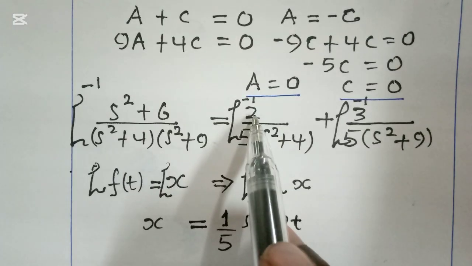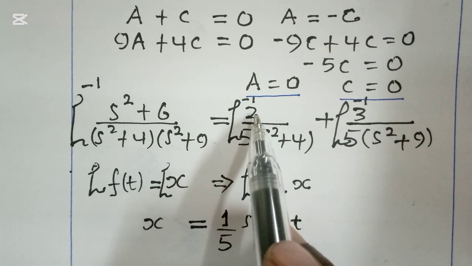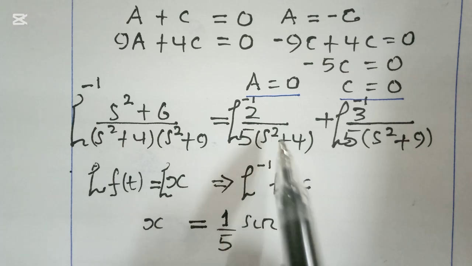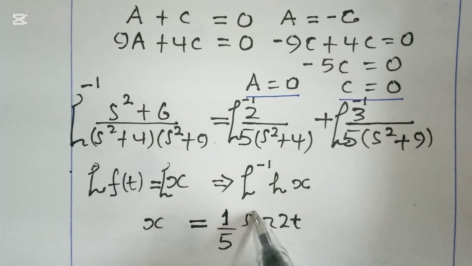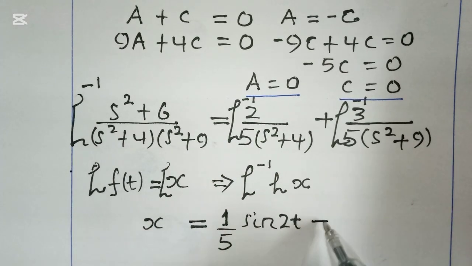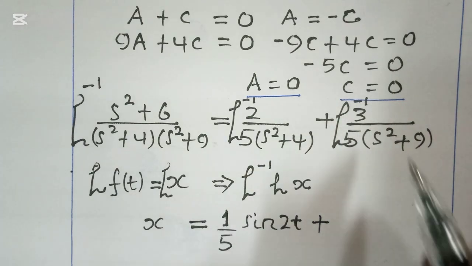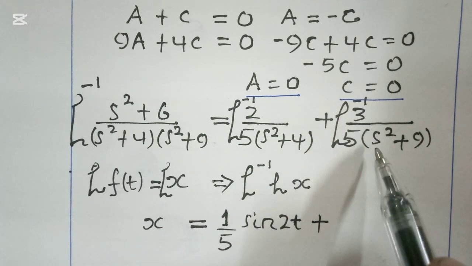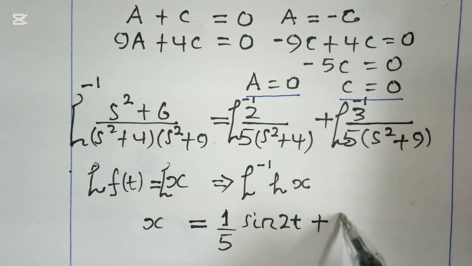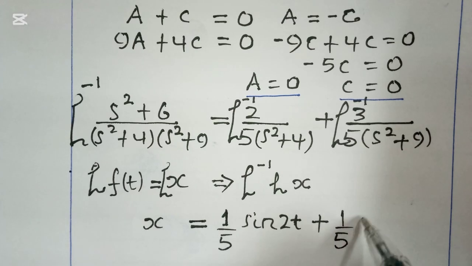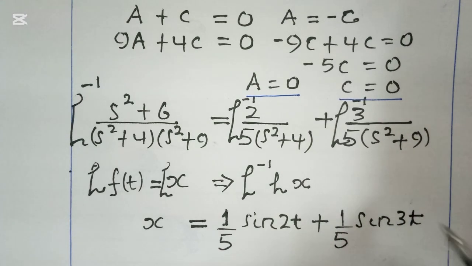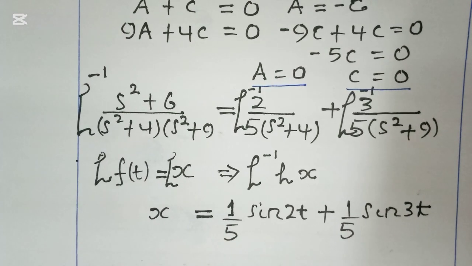Because the 2 is there, which is represented as a, and then we have a squared here, then a squared there, then that gives us sine 2t. Plus, when we come here, you can see this is like a, and this is a squared, and we have a squared. And so therefore we'll have 1 over 5 sine 3t. So guys, this is our solution.